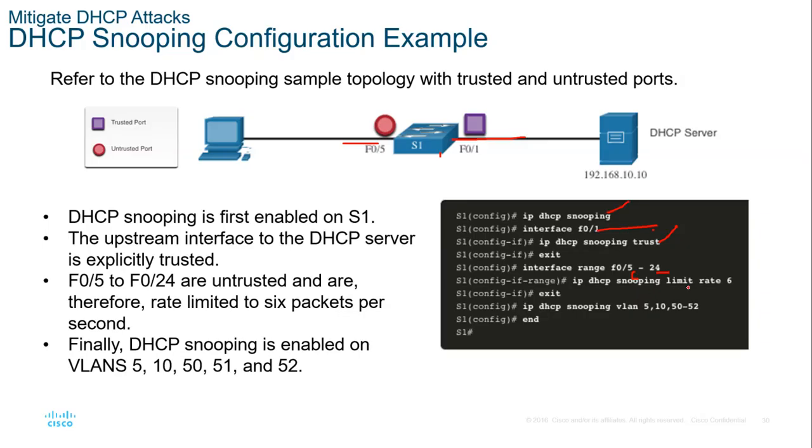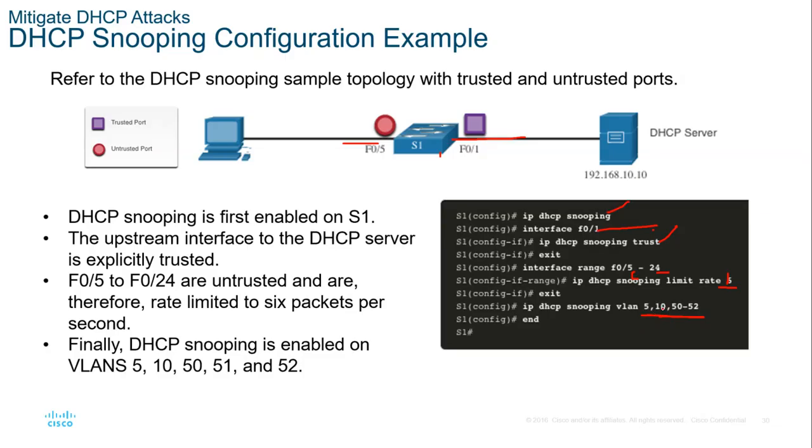And then you put the limit rate, that they are supposed to send a maximum of 6 packets. And then you can include your VLANs, the VLANs that you're sure are available. If someone comes and creates a new VLAN on the network, then that one is not going to be allowed.